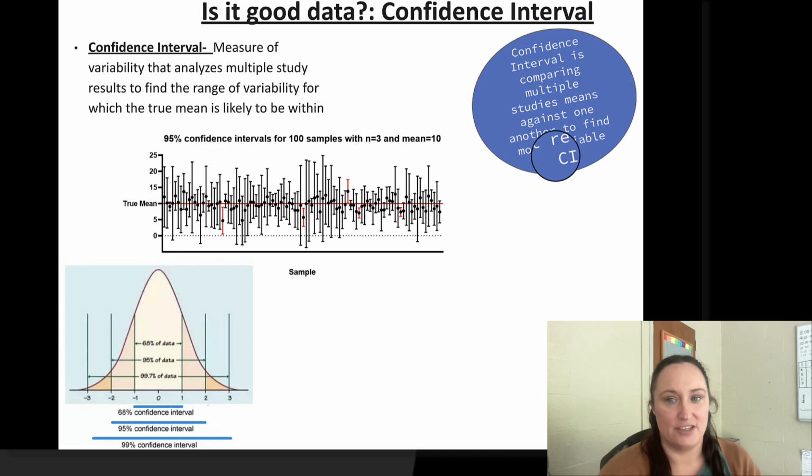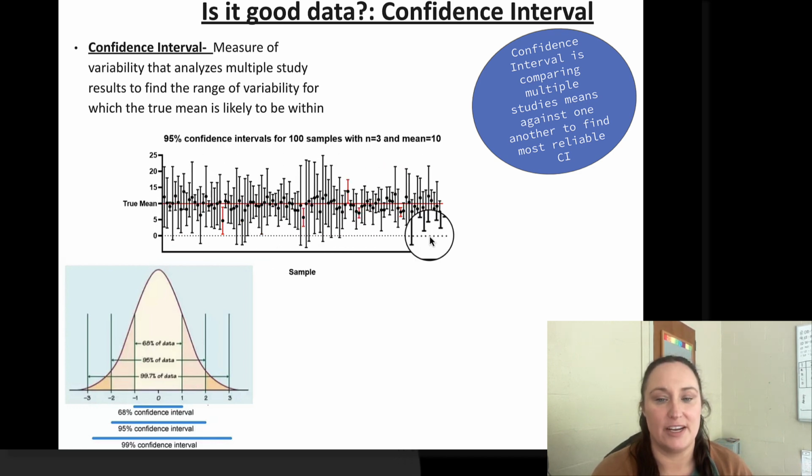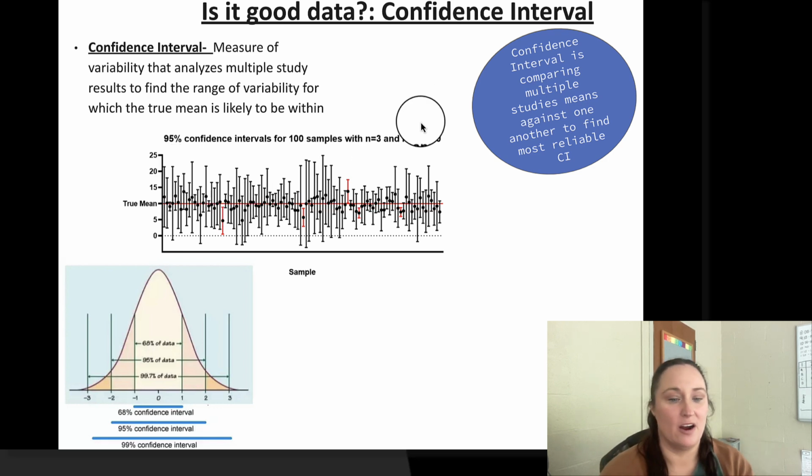So confidence intervals are comparing, so now we're talking about meta-analysis here. And we have all these different studies. Imagine these different lines being different studies. And these dots are the data points that are the mean for each of the studies conducted. And remember our standard deviation, 68, 95, 99, right?